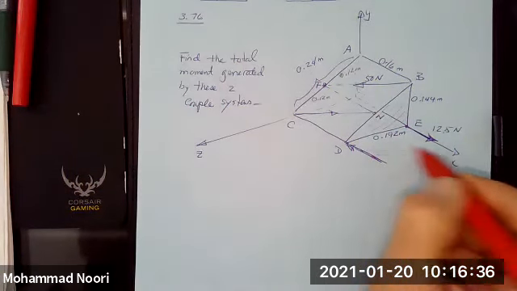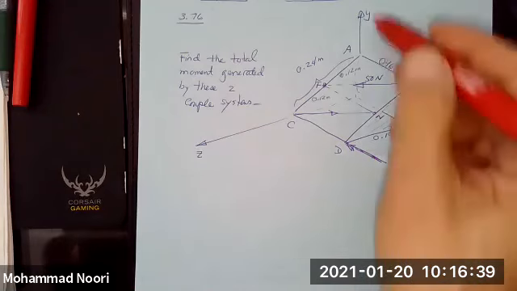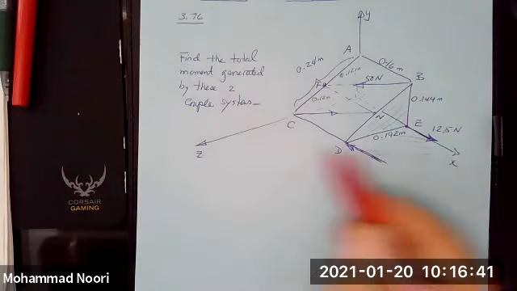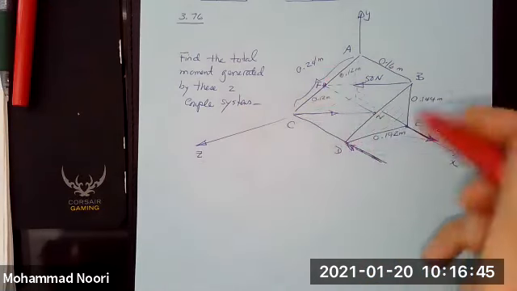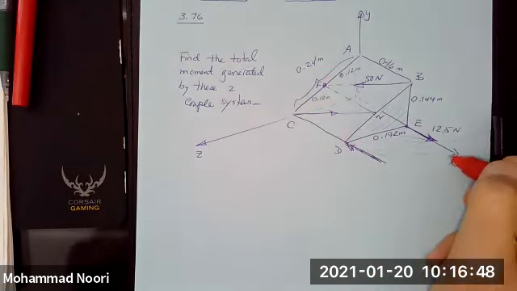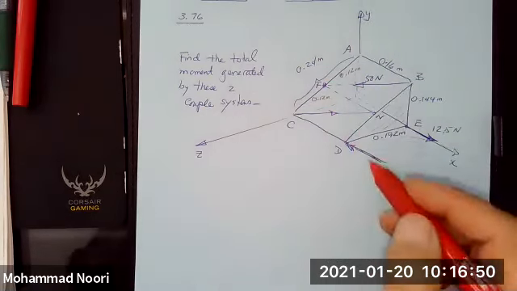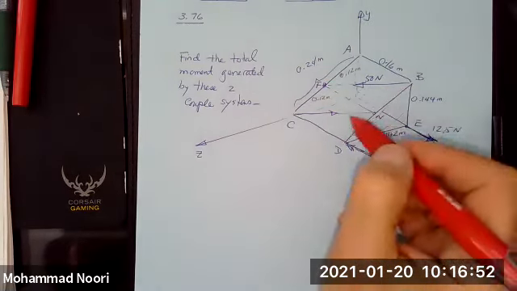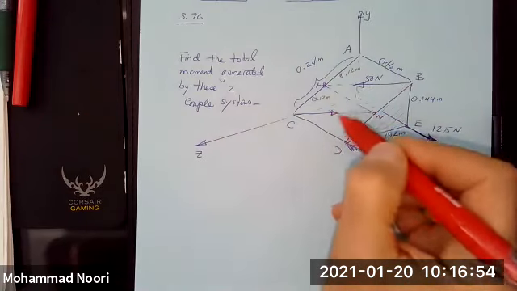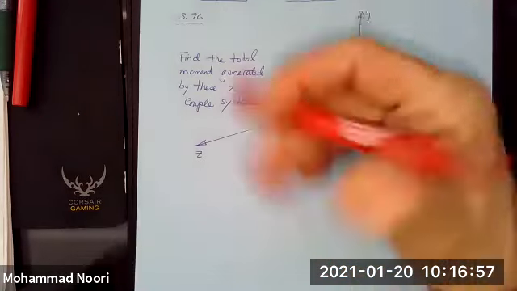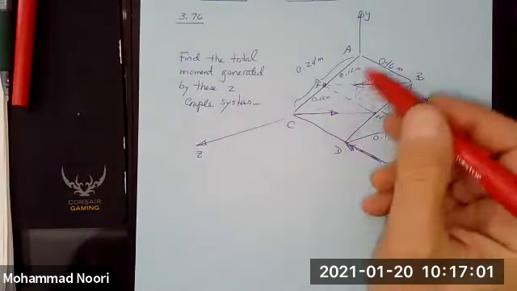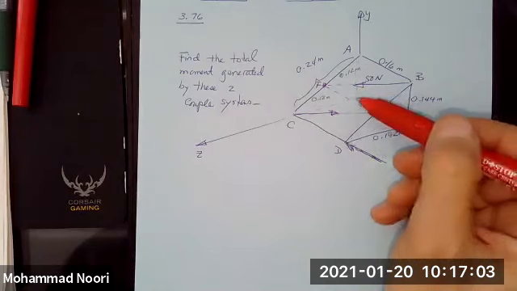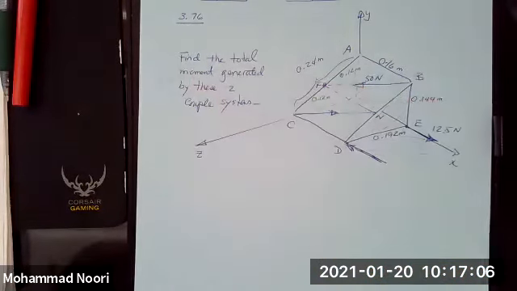And that moment is obviously perpendicular to the plane of XZ, and this is rotating this way. That means it would be acting in the negative direction of Y. And then you have this couple that is generating also a moment, and this is going like this. So that moment would be perpendicular to this plane and acting outward. Okay, any questions so far?